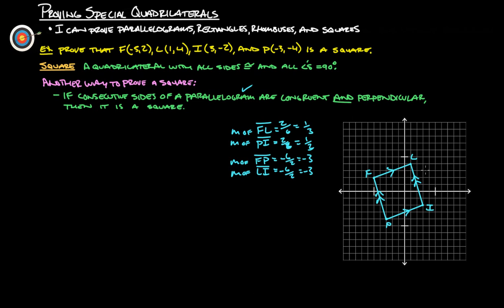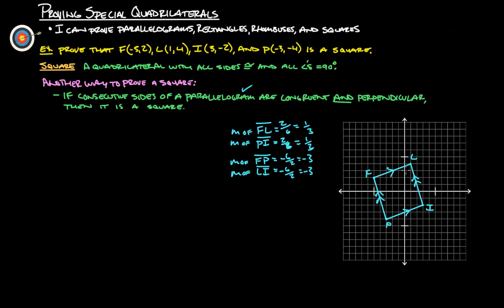Let's see. We could go through and show that these are all 90-degree angles, but a parallelogram with 90-degree angles could also be a rectangle, so we've got to stick with this here. So let's do consecutive sides of a parallelogram are congruent and perpendicular.